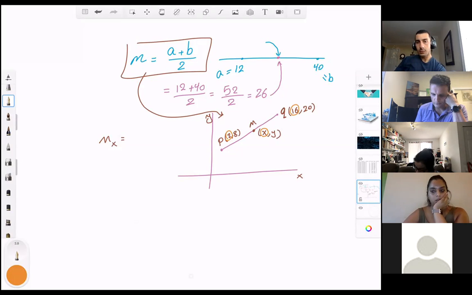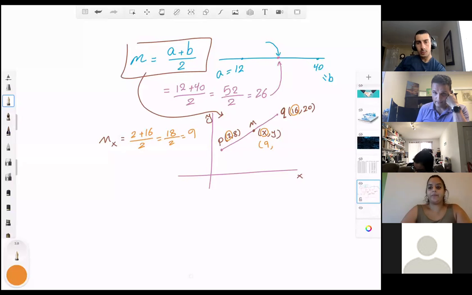So I'm going to say 2 plus 16 divided by 2, which is 18 divided by 2 will be 9. So x value is 9.